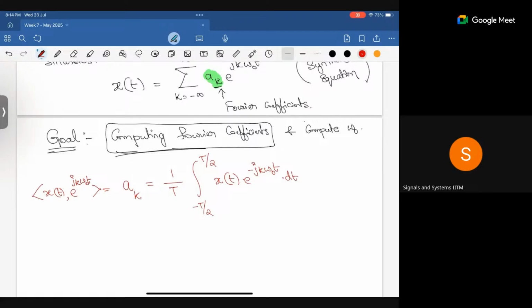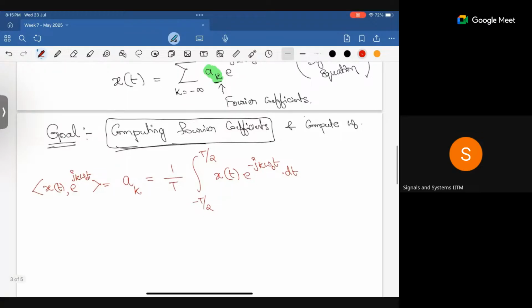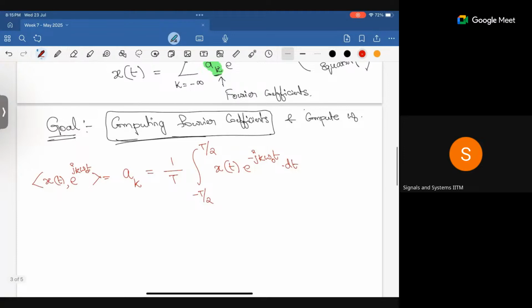If you take the inner product between these two, only the kth term will survive. Since this is an inner product, everything else will have different frequencies, and the inner product between different frequencies with omega naught will go to zero, except the kth. Okay, so that's the idea. If you want more details, you can take a detailed look at the lectures. The professor has explained it very nicely.